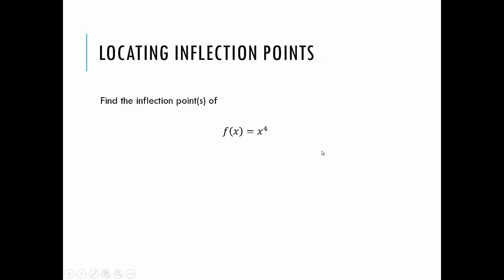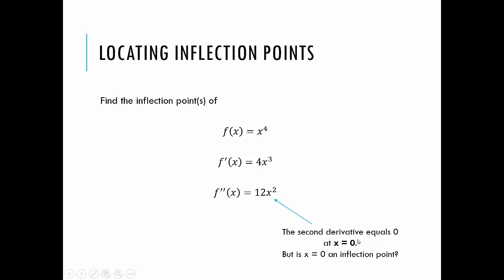signs. So for example, if I have f of x equals x to the fourth, I find the second derivative: the first derivative is 4x cubed, the second derivative is 12x squared. So the second derivative equals 0 just when x equals 0, right? But my question is, is x equals 0 an inflection point?